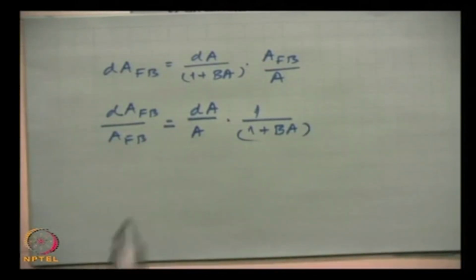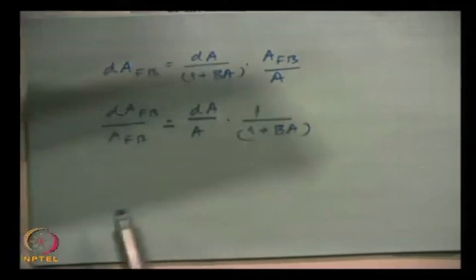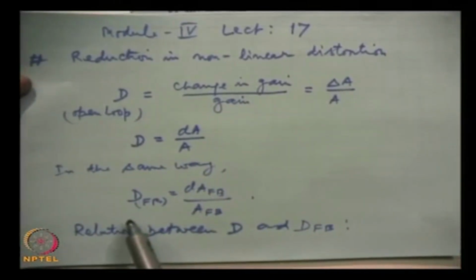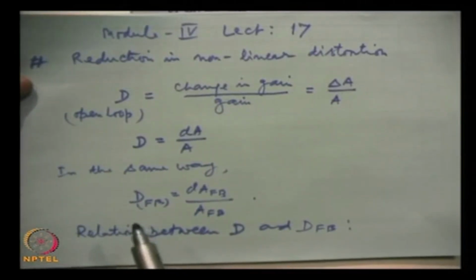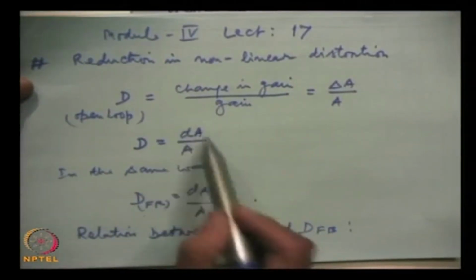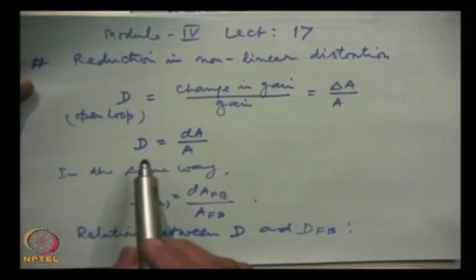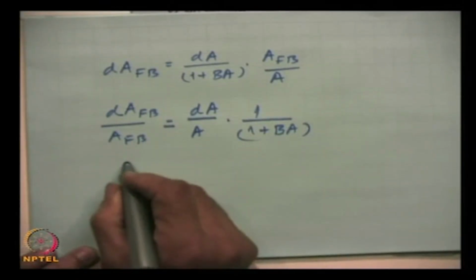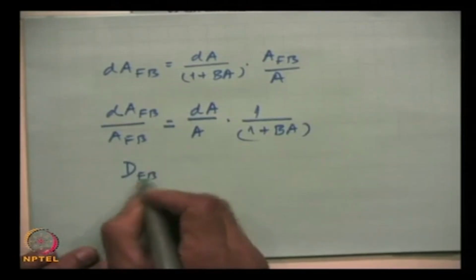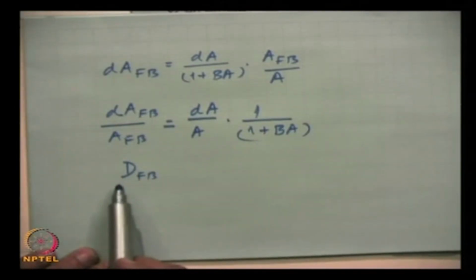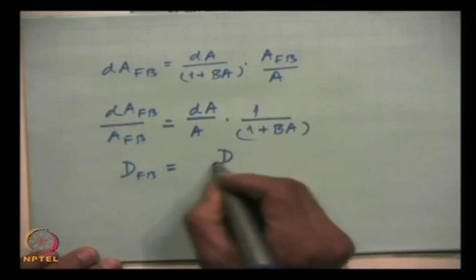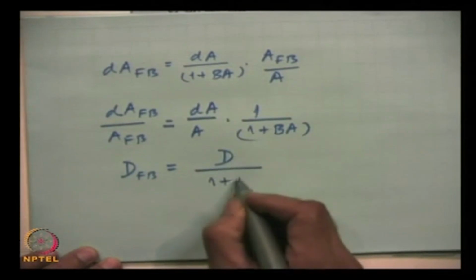And you remember how we defined these, these are the defining equations. Here this is the nonlinear distortion with negative feedback, and this term is the nonlinear distortion for an amplifier without feedback. So, DFB, nonlinear distortion with feedback, is equal to D by 1 plus BA.